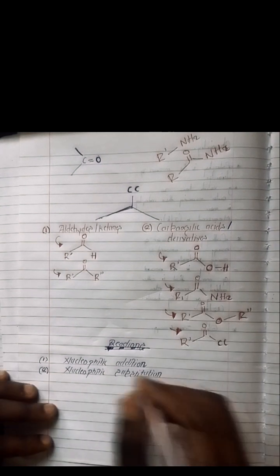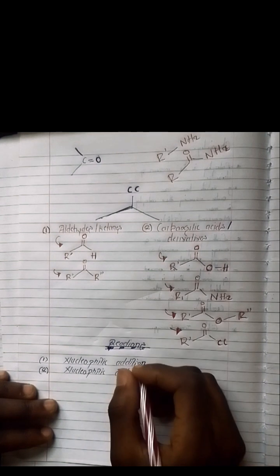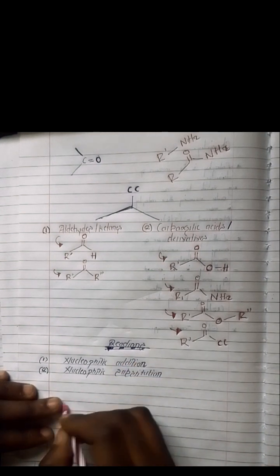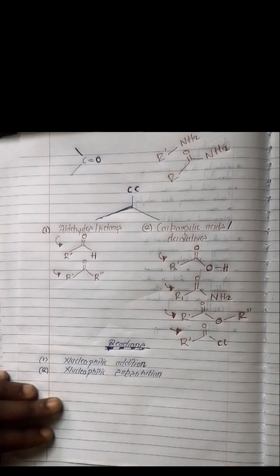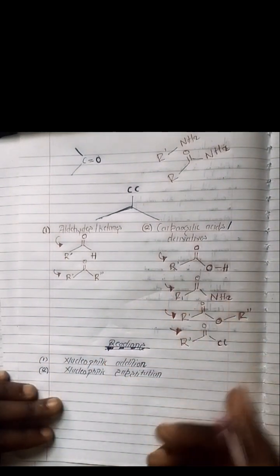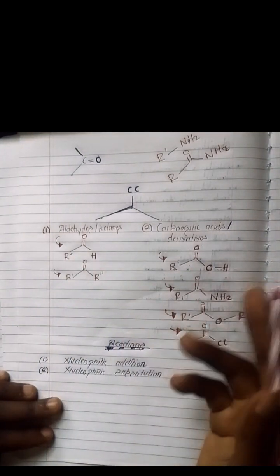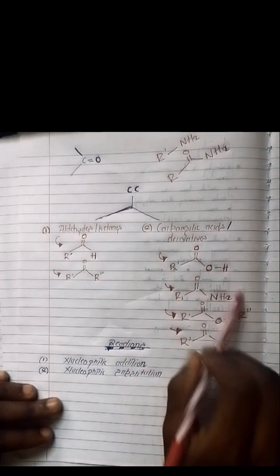So let me just put this into perspective for you. What does it mean when you say nucleophilic addition? It's exactly what you think it means. You start with some compound that contains a carbonyl group. You can pick any. For simplicity's sake, let me pick an amide.